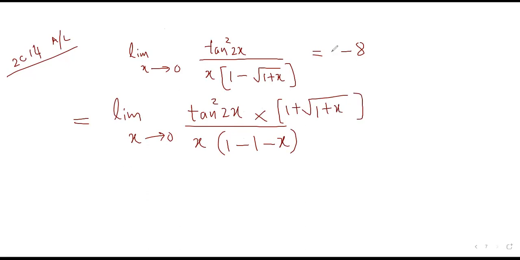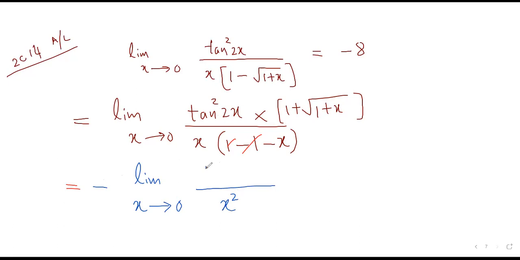Then minus 1 and plus 1 cancel. See, minus x into x, minus x squared. Then you can take this minus sign out. That will be easy. Minus limit x is going to 0 of tan squared 2x over x squared.